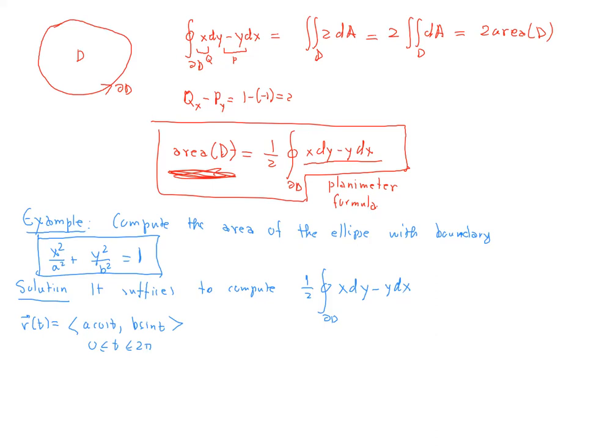And what is the underlying vector field? F of x, y will be minus y, comma x. And if we take F of r of t, then that should be minus b sine t, comma a cosine t.